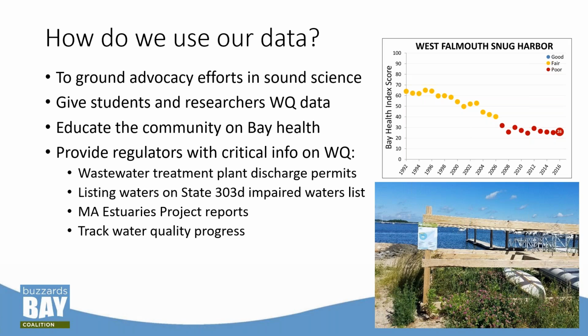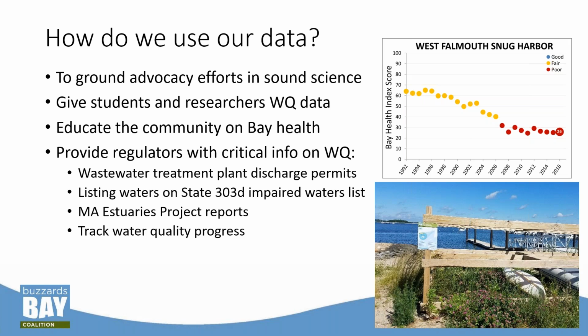Okay, and then what I'm going to be talking about today is how we provide the data to regulators, which is really critical. This is both for use as information as wastewater treatment plant discharge permits are up for renewal or are initially being cited, and also for listing waters on the state 303(d) impaired waters list that I've already mentioned.